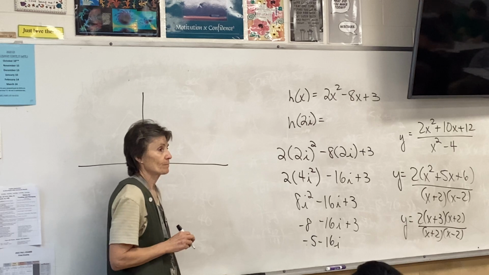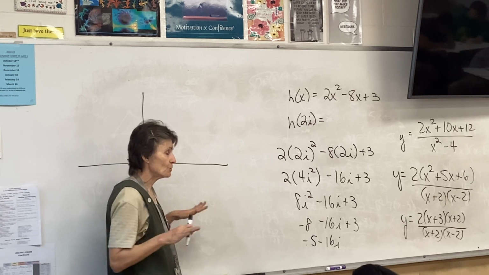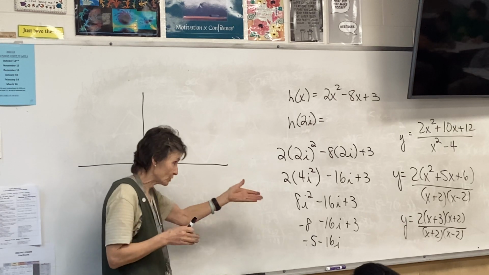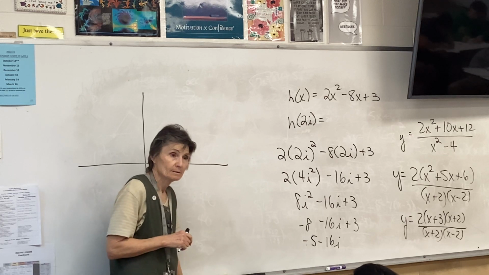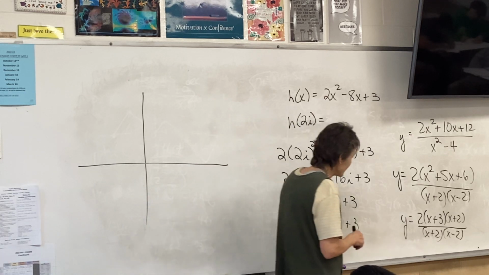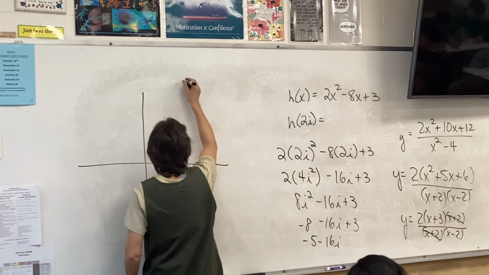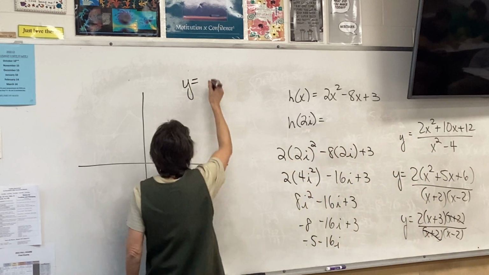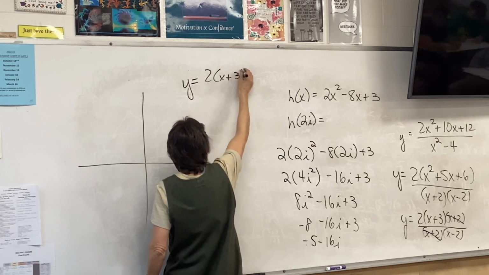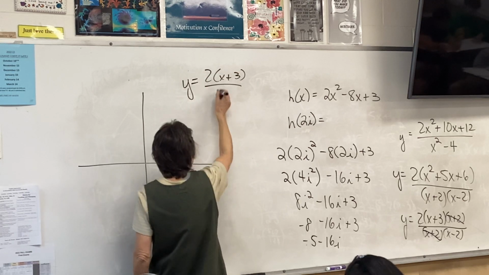Is that right? Now, first thing you notice, hopefully, as you're doing that, is what? You're going to have a hole because this is going to cancel out. So what I'm actually going to graph is 2 times x plus 3 over x minus 2.